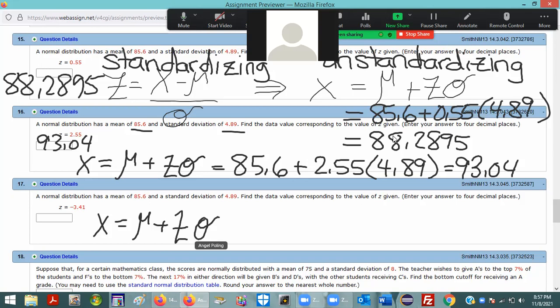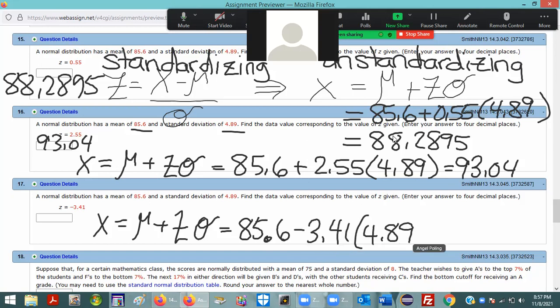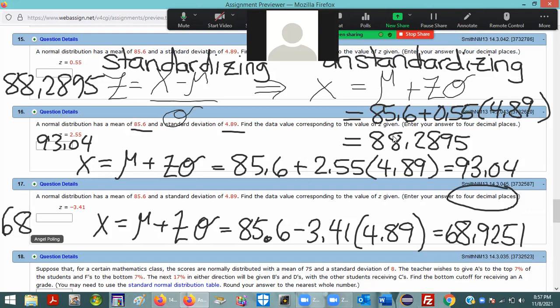And here, the only thing that's changed then is we have a negative 3.41. But the z-score is the only thing that's changed here, right? So 85.6 minus 3.41 times 4.89 gives me 68.9251, and they want the whole answer.